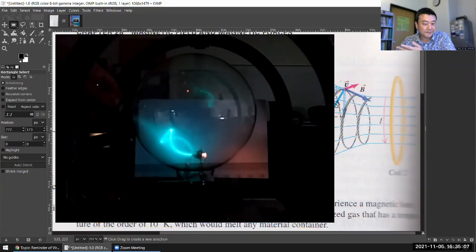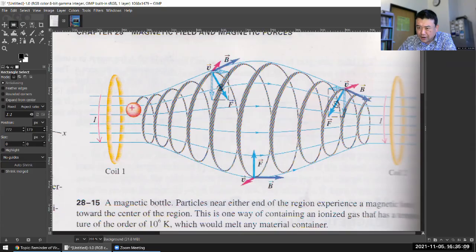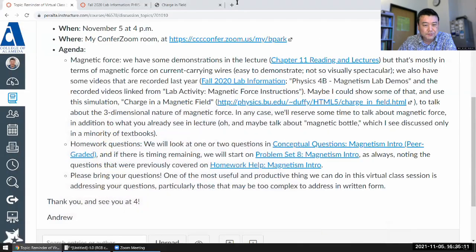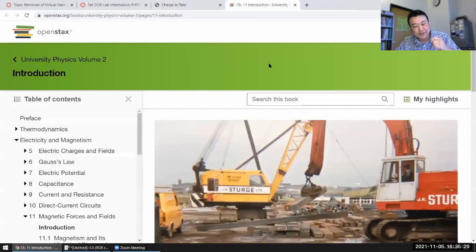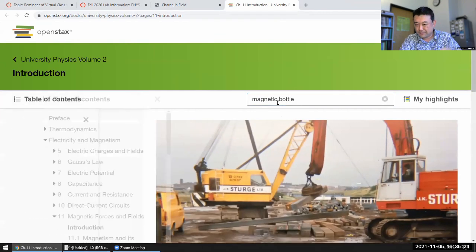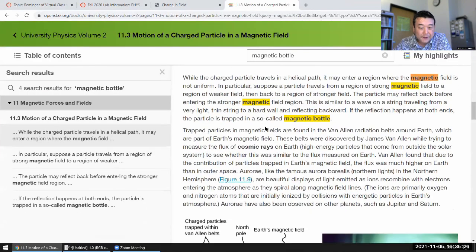And yeah, I'm pretty sure this is not covered in our textbook. Let me just search to be sure, because I think I remember checking this in some semester before, and I don't remember seeing it in our textbook.